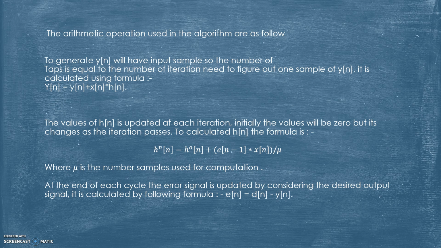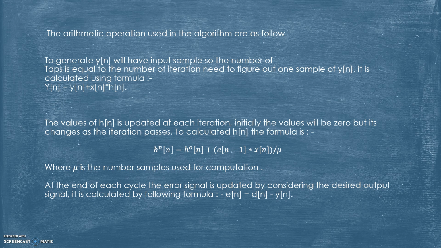At the end of each cycle, we need to update the error signal. For the updating of the error signal, we'll be taking the desired output signal and the output which we have received, and subtracting both of them, and then we'll be getting the error signal.